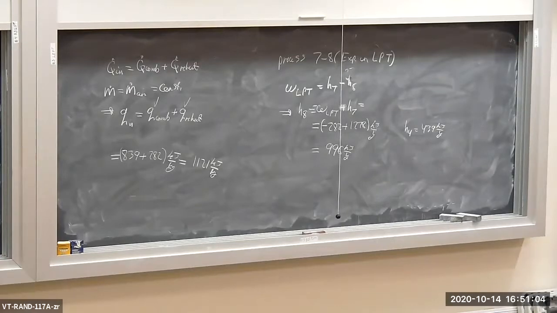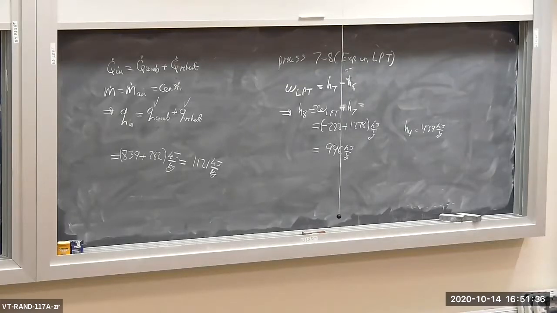And I get the heat transfer: minus 439 times 0.75, and I get 417 kilojoules per kilogram. So Q regen is equal to 417 kilojoules per kilogram. Okay?